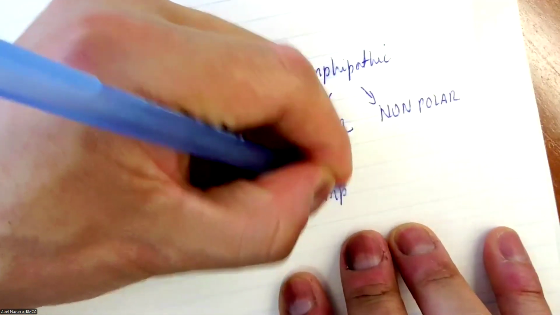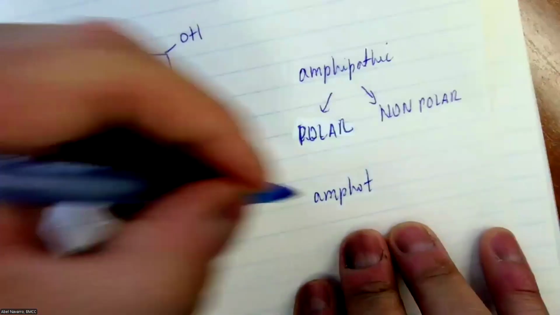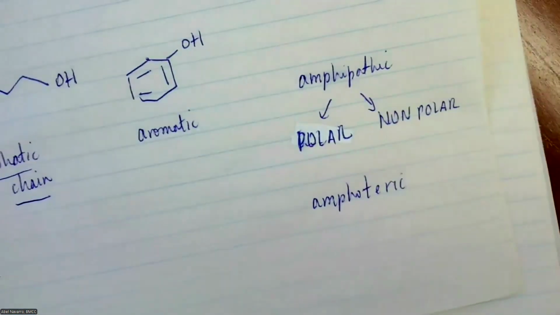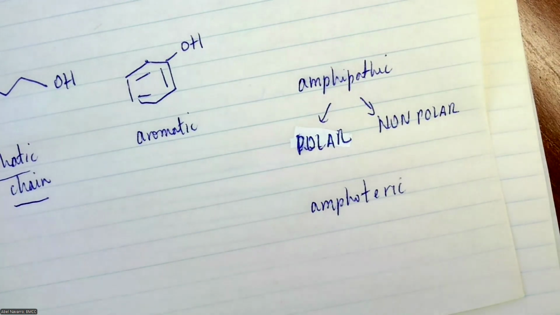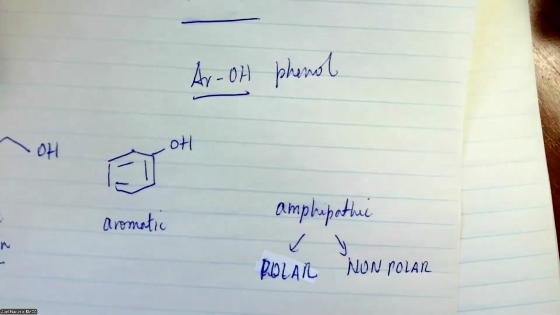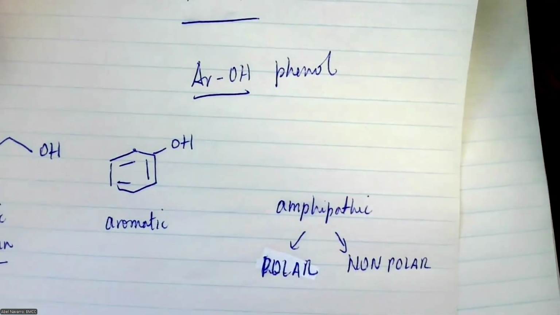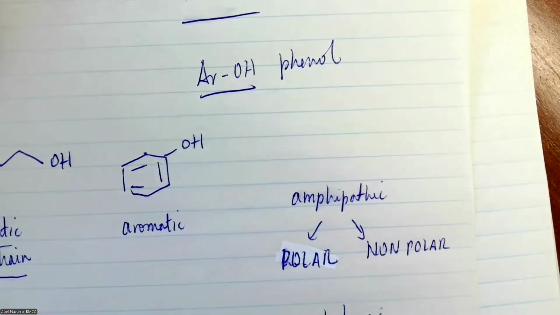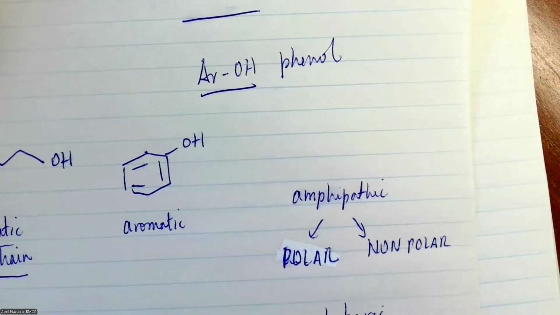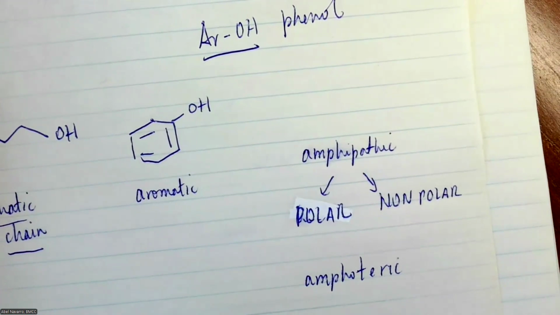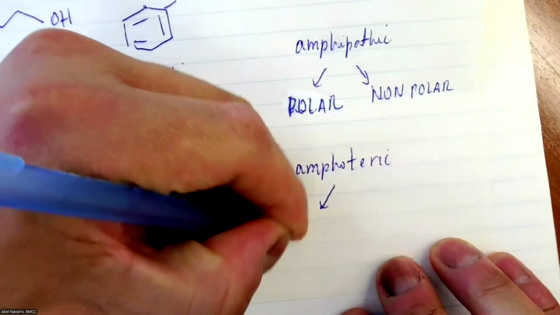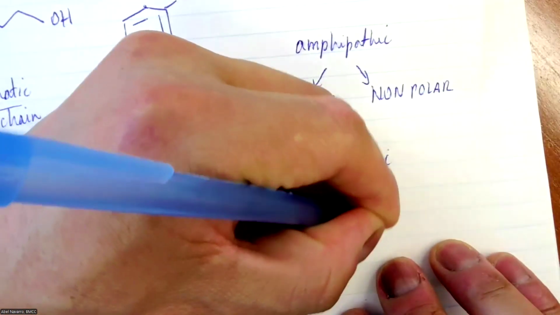Then there is amphoteric. Let me double check that. Amphoteric is the one that can behave as an acid and a base at the same time.